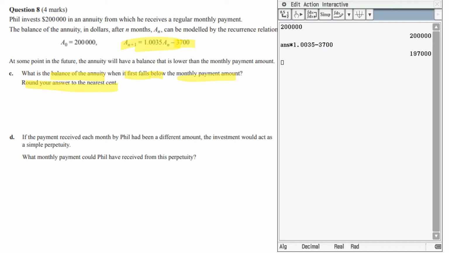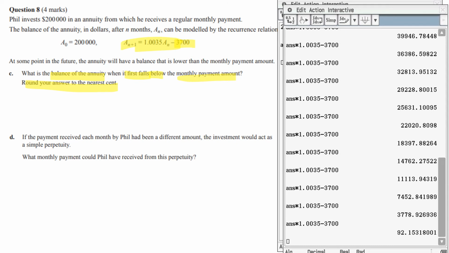You don't have to count anything, it just wants to know the value, so you can press execute over and over again. That's one way to do it. And you can see here that's the first one below 3,700.